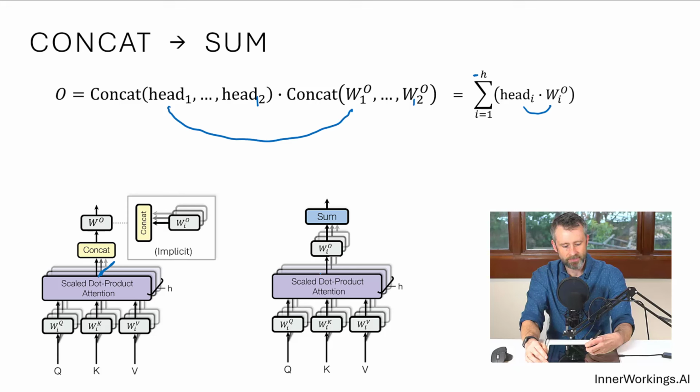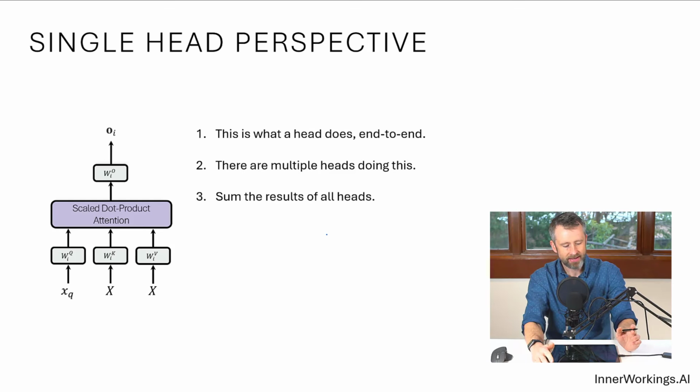And they each produce their own output and they're just summed together. So what's great about that is that we can look at just a single head. If we want to explain how attention works or think about it, we don't need to think about multiple heads. We can just think about the details of a single head, and we know that there's multiple heads running, right?